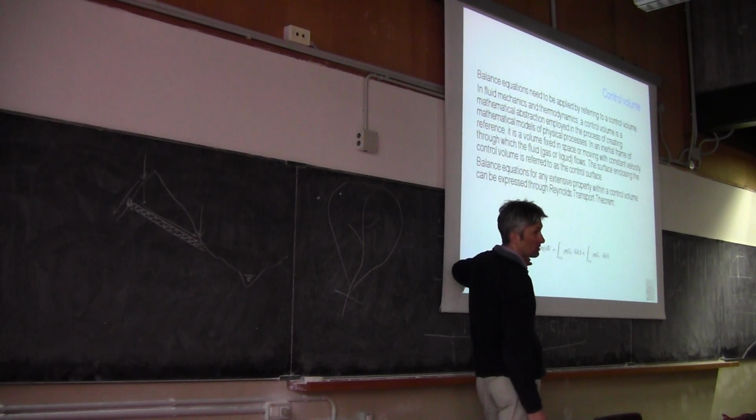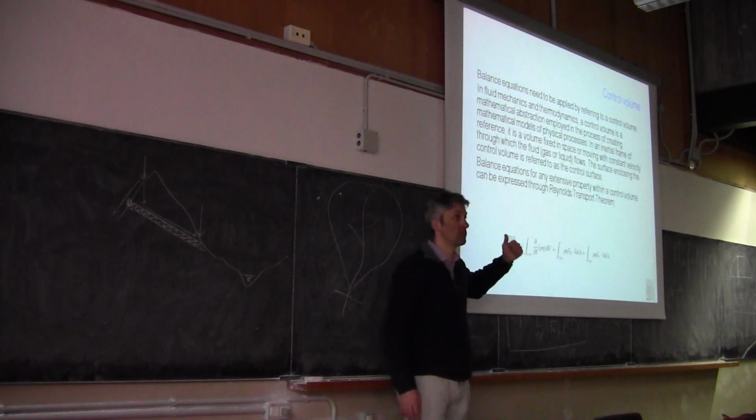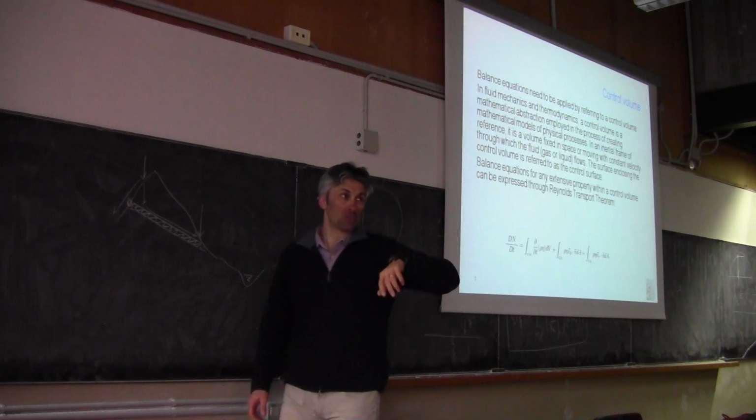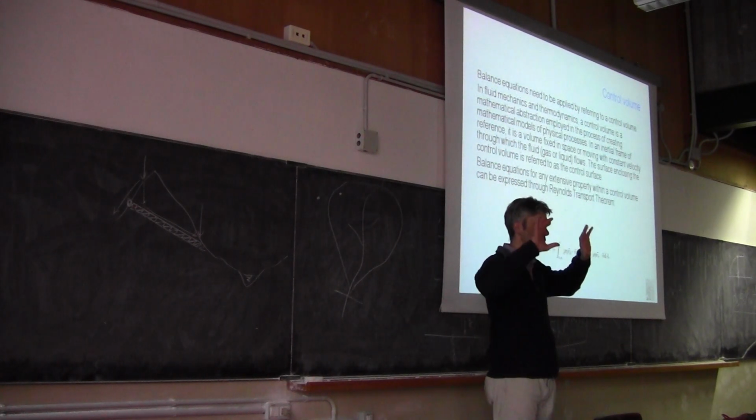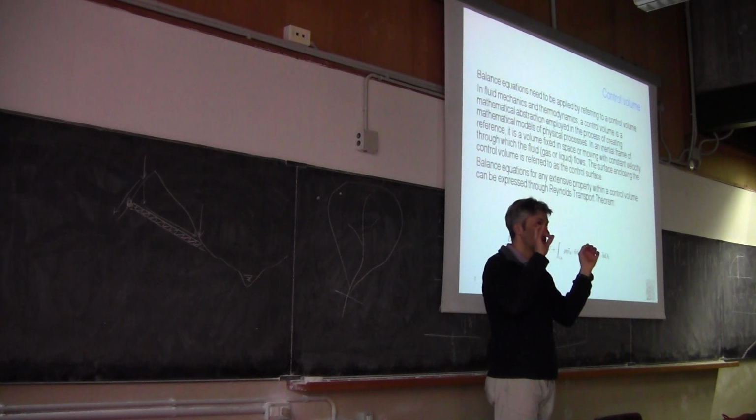From the Reynolds theorem, any conservation law can be derived: conservation of mass, conservation of energy. So we will describe in detail the Reynolds theorem, along with the definition of control volume, which means the volume to which the conservation laws are applied.